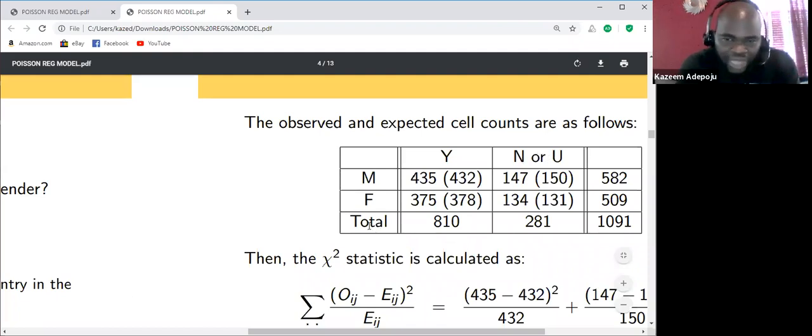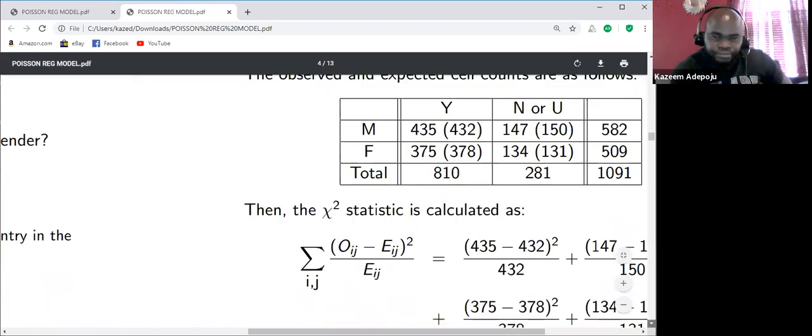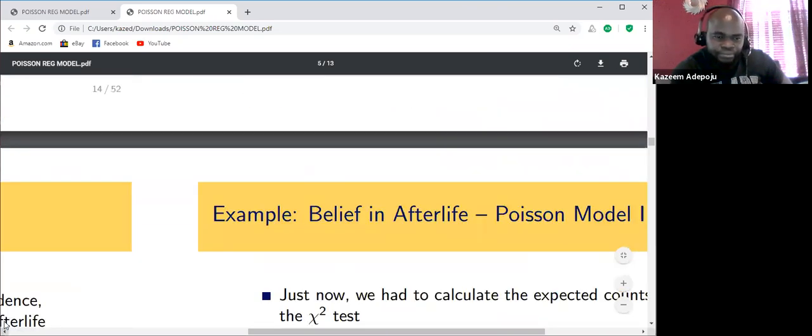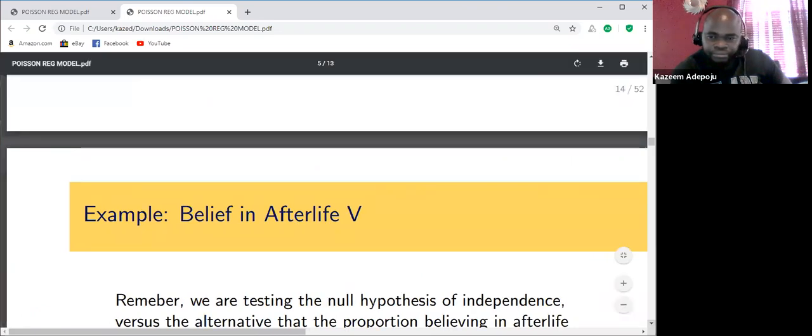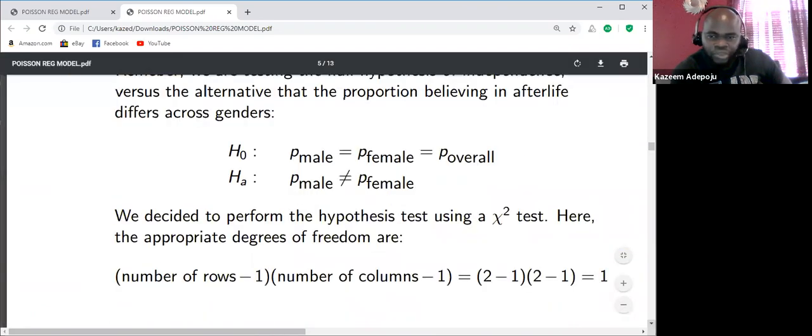You are not going to count the total, the total is not there. When you get the degree of freedom, we multiply that by that, you're going to get 1.